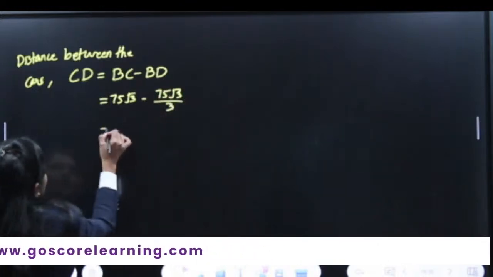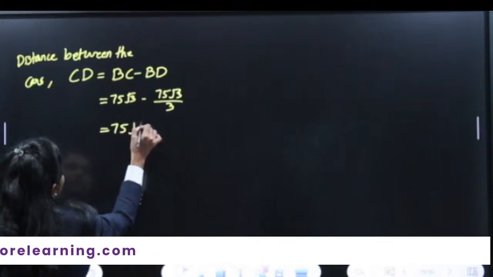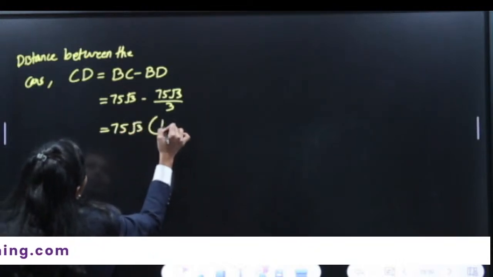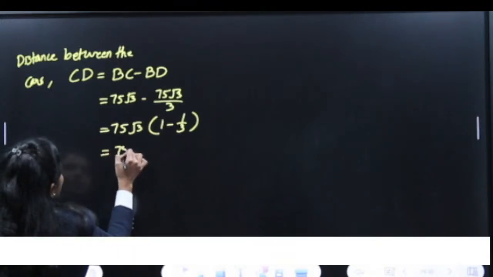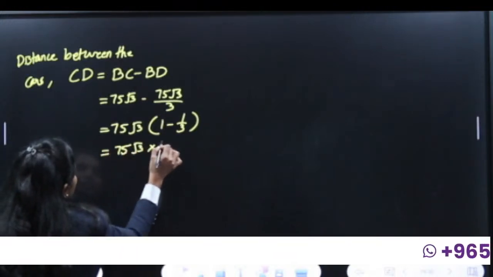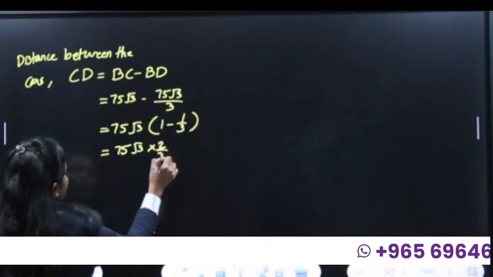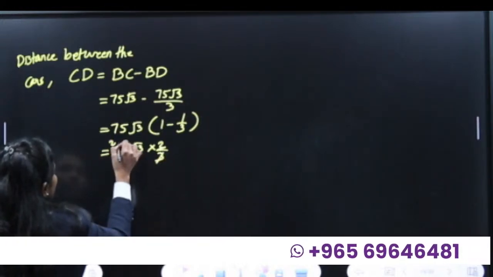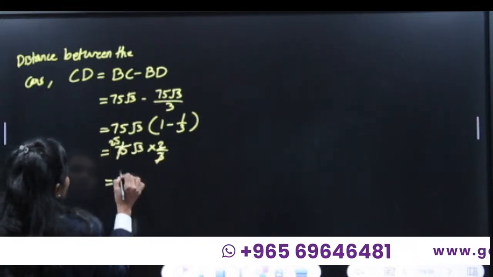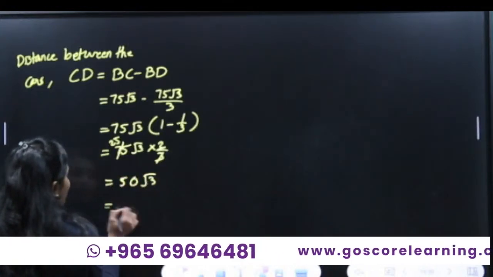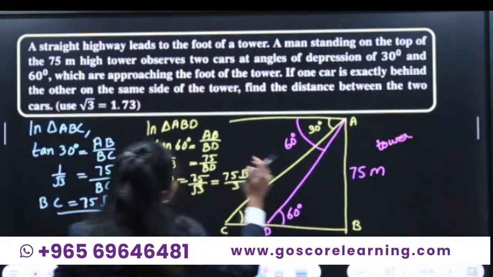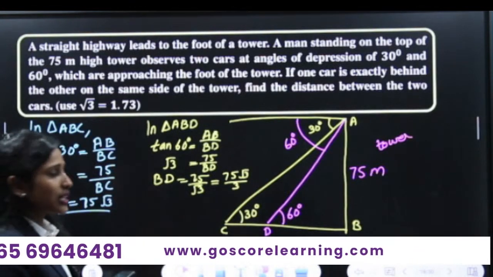So we can take the 75 root 3 outside. 75 root 3 into 1 minus 1 by 3. So we get 75 root 3 into 2 by 3. And we can cancel this 3 and 75. You get 25 here. So 25 into 2, 50. So you get 50 root 3. Now, in this question, the value of root 3 is given. 1.73 you have to use.